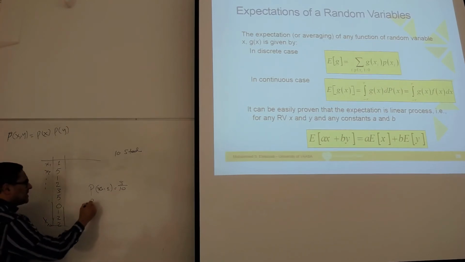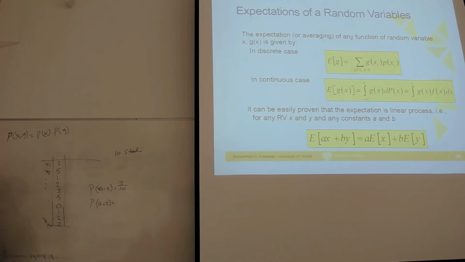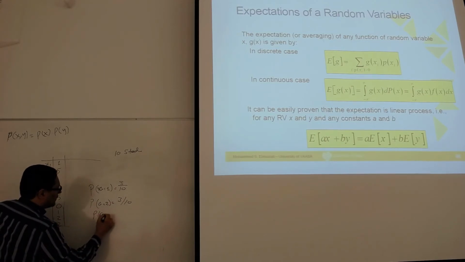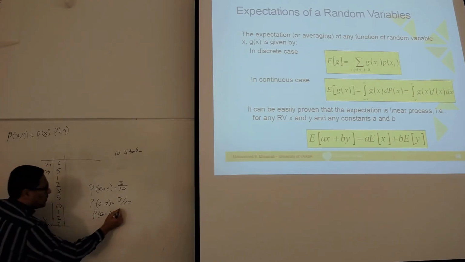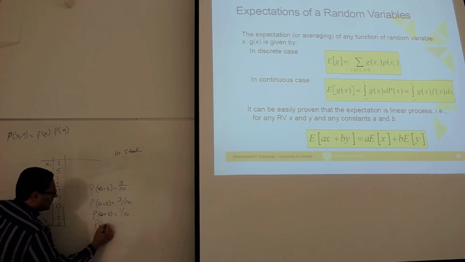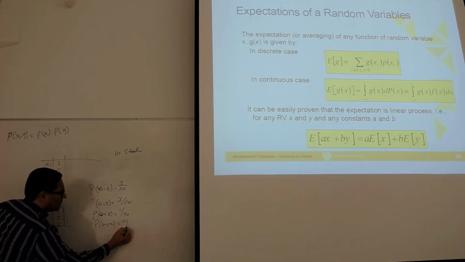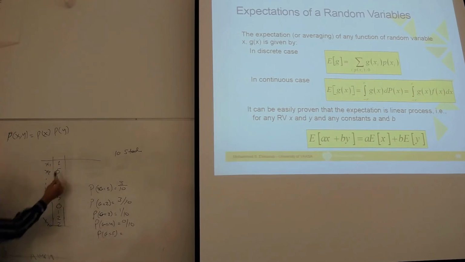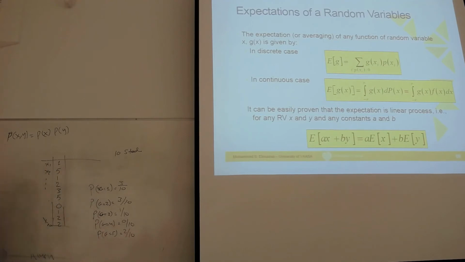The probability that the student has grade 2 is, 1, 2, 3, also 3 over 10. Grade 3 is only 1, so it is 1 over 10. Grade 4 is no one, so it is 0 over 10. And finally, grade 5 is 1, 2, so it is 2 over 10. So these are the grades that you have.